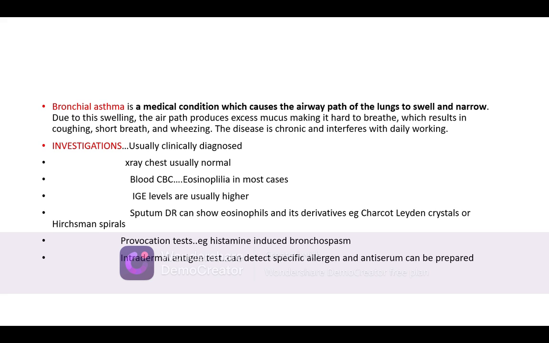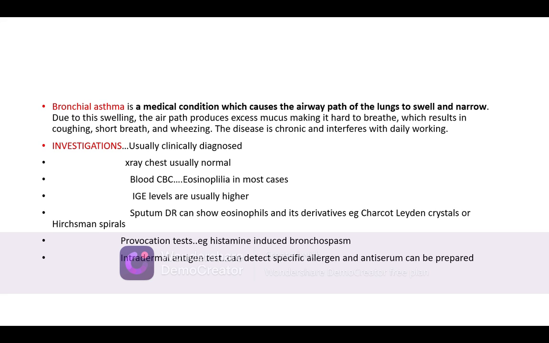Due to this swelling, the air path produces excess mucus, and the secondary effect is mucus production, making it hard to breathe. So the caliber of the bronchi becomes reduced, and if you try to expire, it will cause wheezing, coughing, and shortness of breath. The disease is chronic and will interfere with daily work, of course.